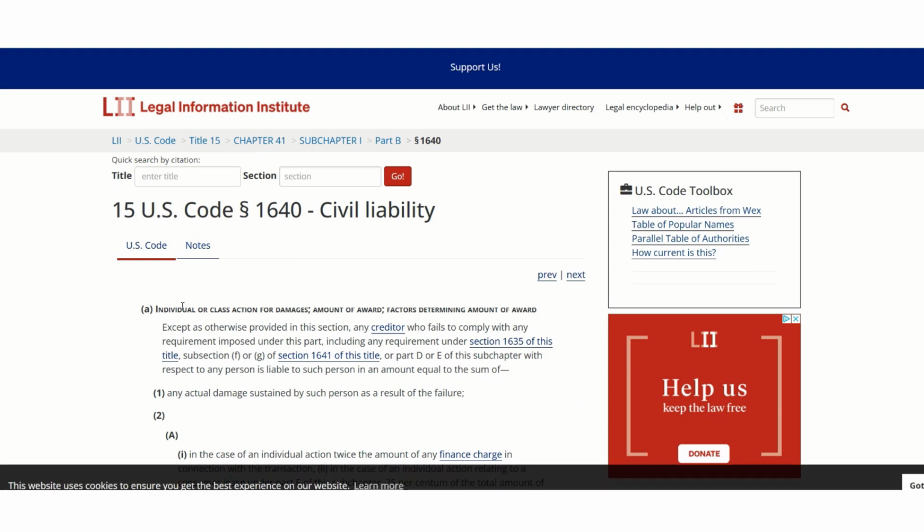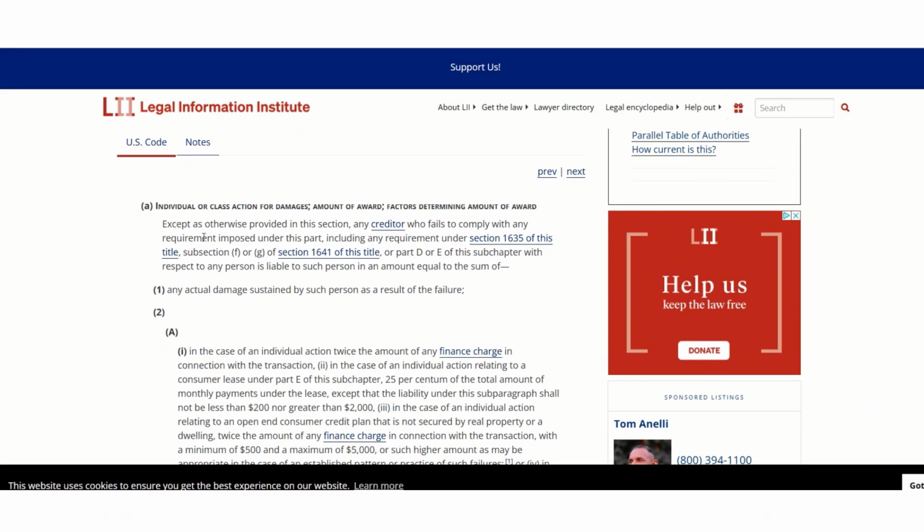Now let's see the civil liability. Except as otherwise provided in this section, any creditor who fails to comply with any requirement imposed under this part, including any requirement under section 1635 of this title, subsection F or G of section 1641 of this title, or part D or E of this subchapter, with respect to any person, is liable to such person in an amount equal to the sum of any actual damage sustained by such person as a result of the failure.